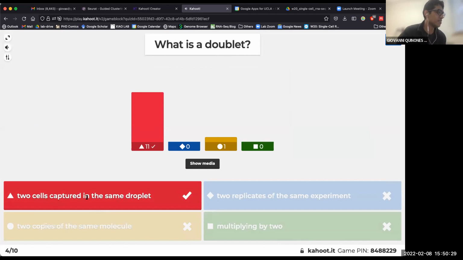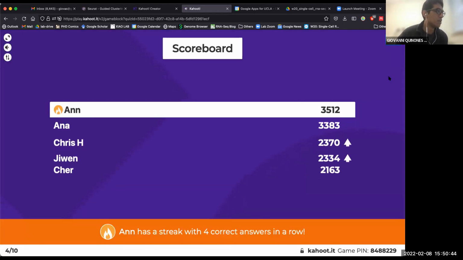It's 2 cells captured in the same droplet. Of course, that's an artifact. That's something we don't want, and that's something we want to get rid of during the data analysis part. Great, the top 2 participants are still there. Let's go to our next question.